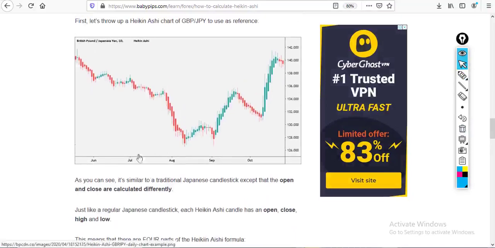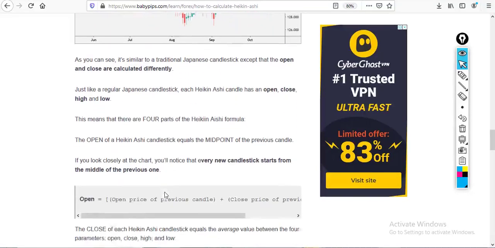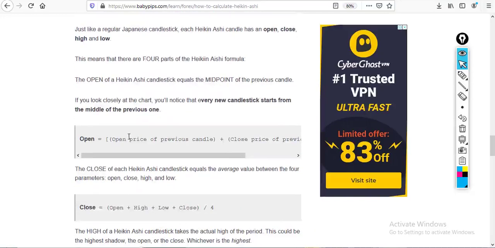So as we have just discussed, the traditional Japanese candlesticks are similar to the Heikin Ashi, just that the open and close are calculated differently. This means that the four parts of the Heikin Ashi formula are incorporated and calculated differently.